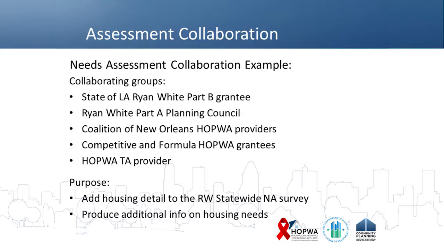Different definitions, right. So I want to talk about an assessment collaboration example that involves the state of Louisiana Ryan White Part B grantee. And I know Kira was here in an earlier session to talk about that.